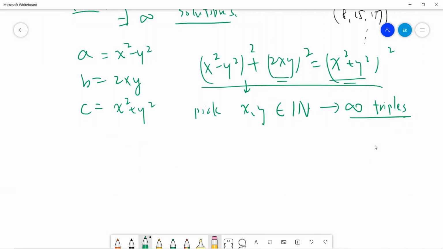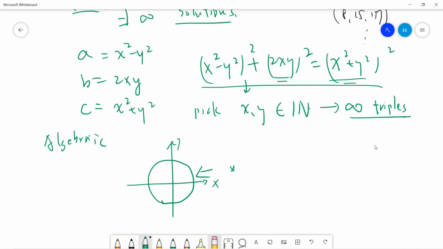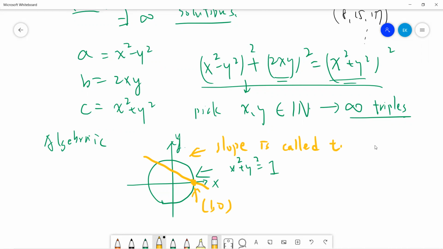Okay, and this can be viewed through algebraic geometry, so let me provide a modern view. You consider a circle, x squared plus y squared equals 1, and at this point, 1, 0, you create any line whose slope is t.